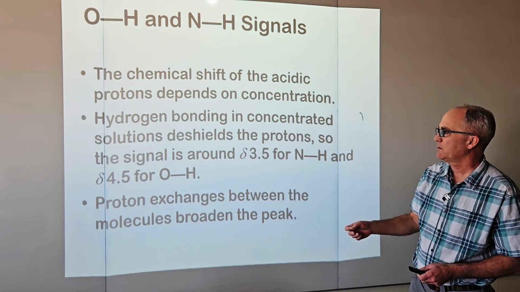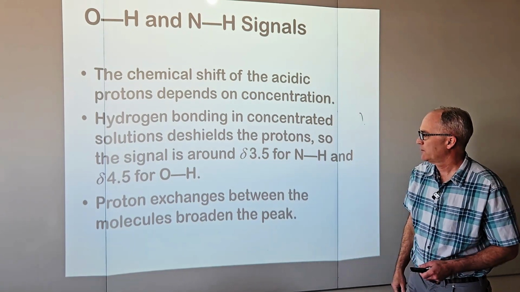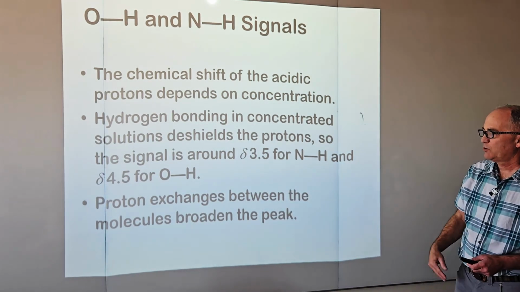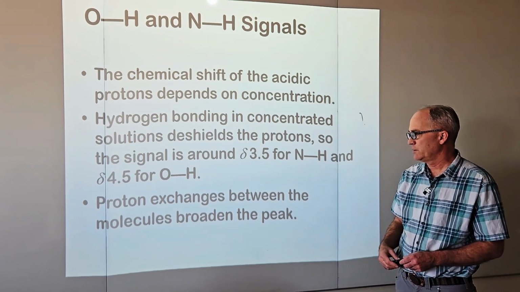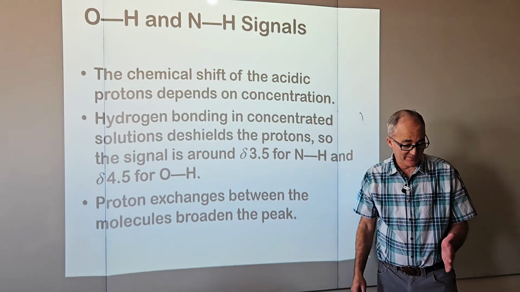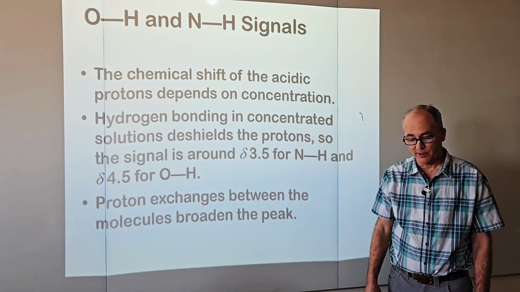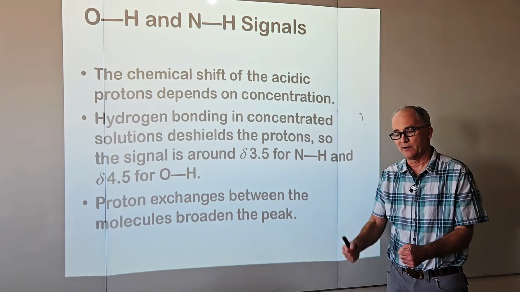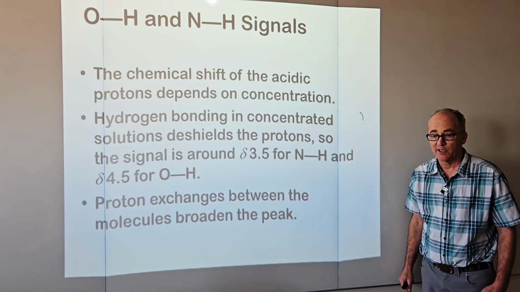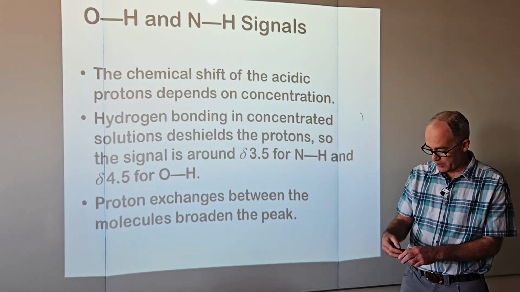And so here are the chemical shifts for hydrogens on a nitrogen and hydrogens on an oxygen. Proton exchange between the molecules broadens the peak. So one way to check, if you see a peak and you think, oh, that's an alcohol peak, is to pull the NMR tube out and dilute it and see that peak move. That confirms that hypothesis.